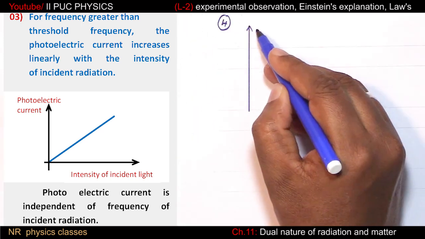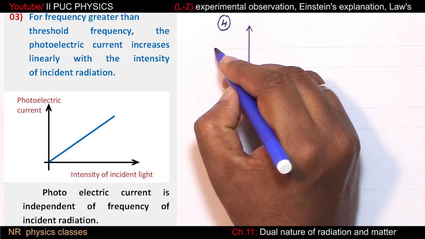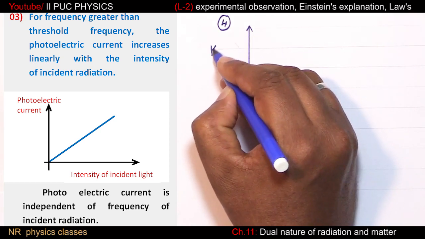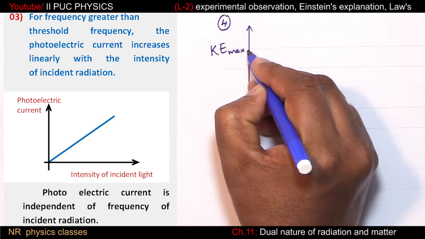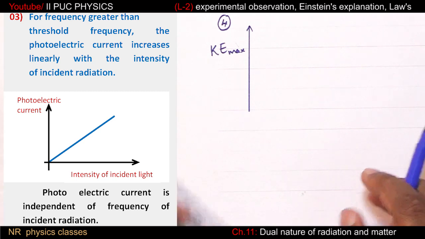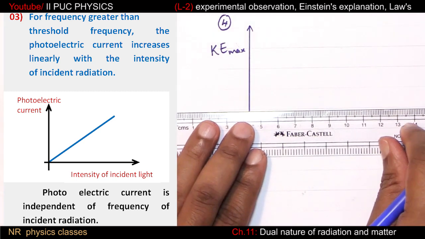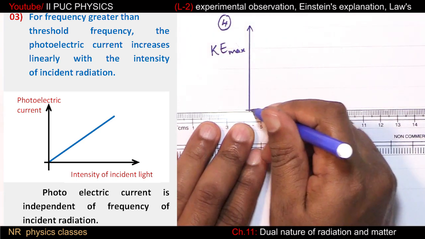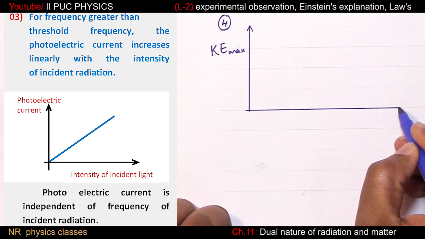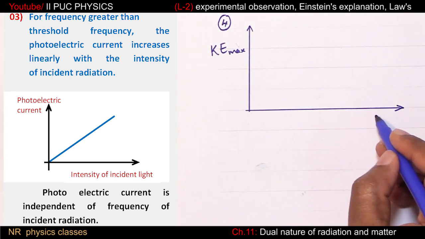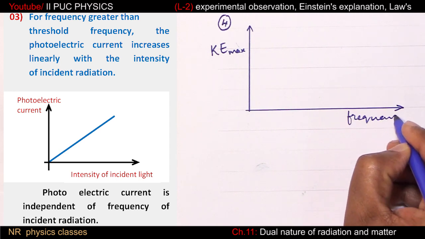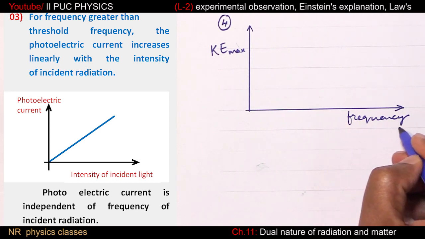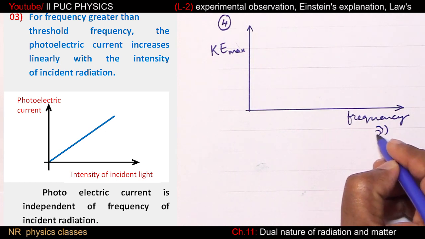This is a graph of maximum kinetic energy, KE stands for kinetic energy, maximum kinetic energy of photoelectrons versus frequency of incident radiation. Frequency denoted by nu.